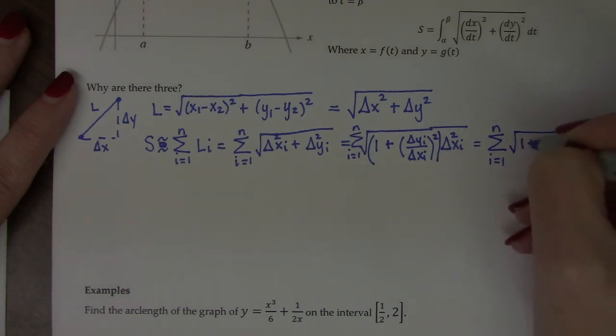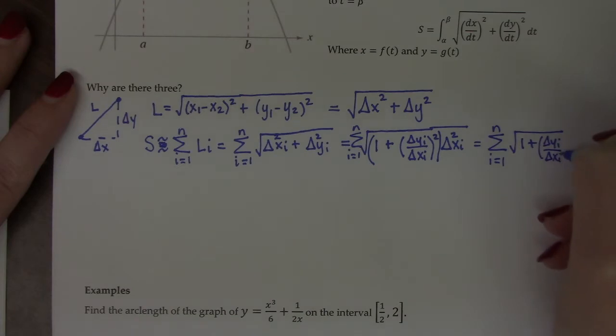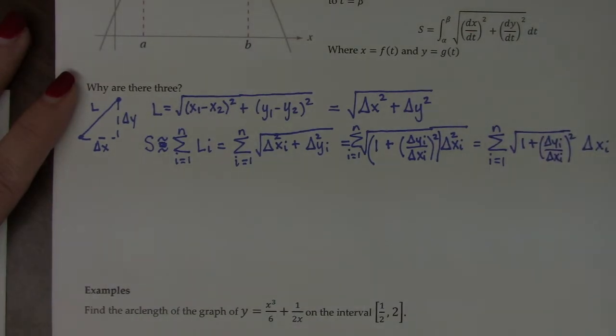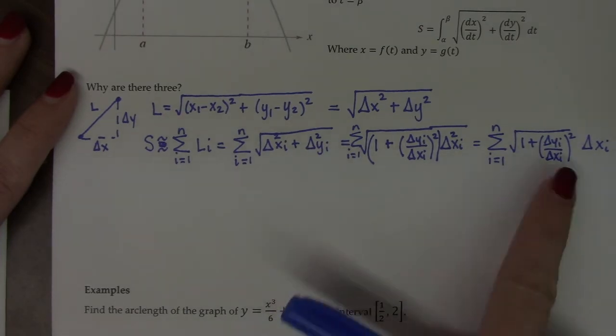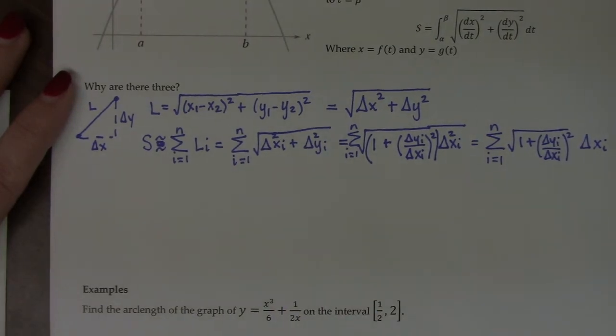Square root of 1 plus delta yi over delta xi quantity squared times delta x on the outside, because I just took the square root of it and it came back as itself.